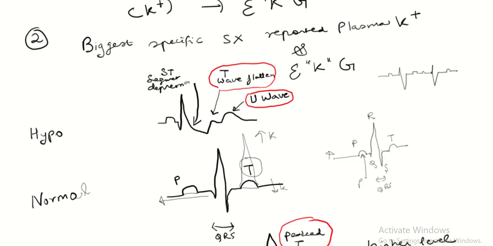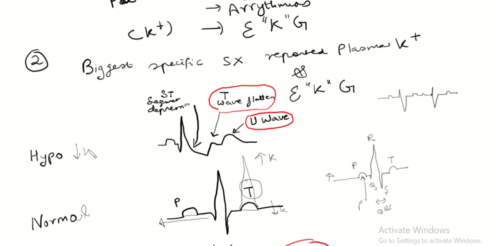Okay. Now let's go to low potassium. Guess what? Again, it's the T wave. So remember that T wave flattens out. What else? There's another wave that takes its place that comes after the T wave. That's a U wave. That's another positive deflection after the T wave and before the next P wave. So that's the U wave you're going to see. Okay.